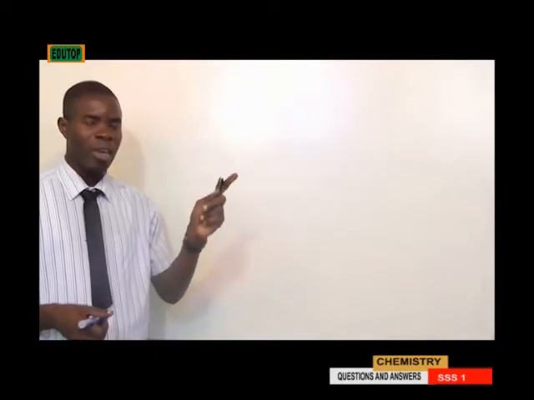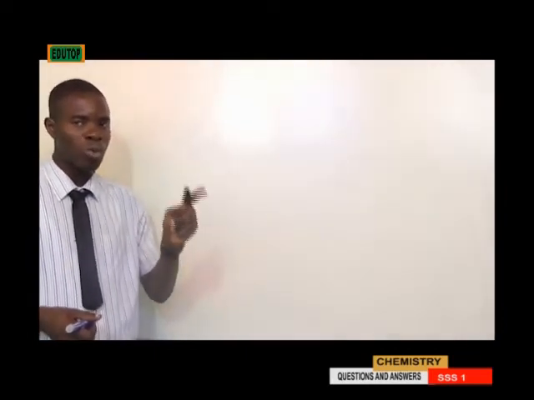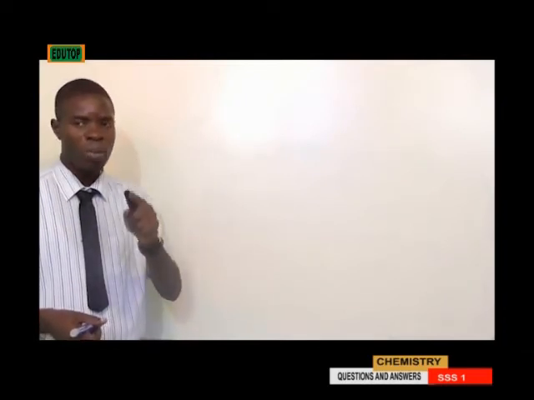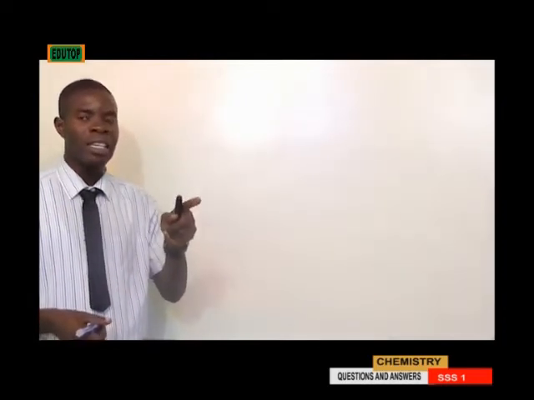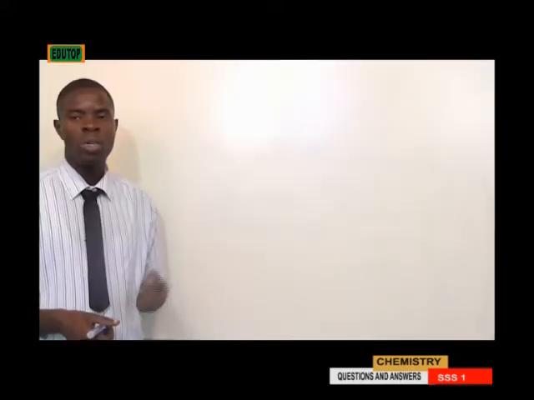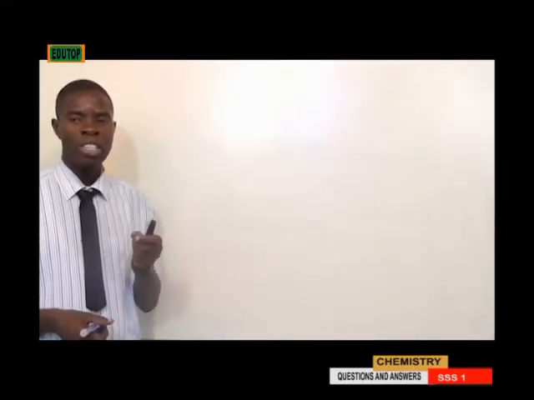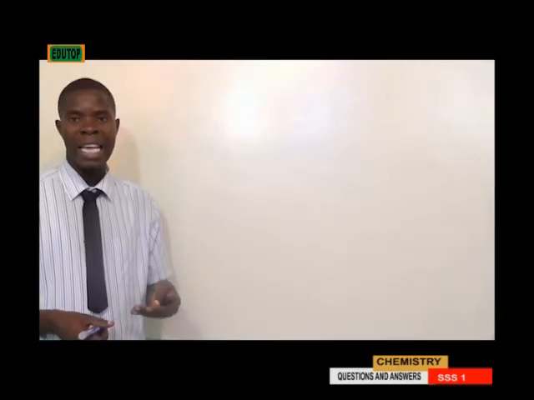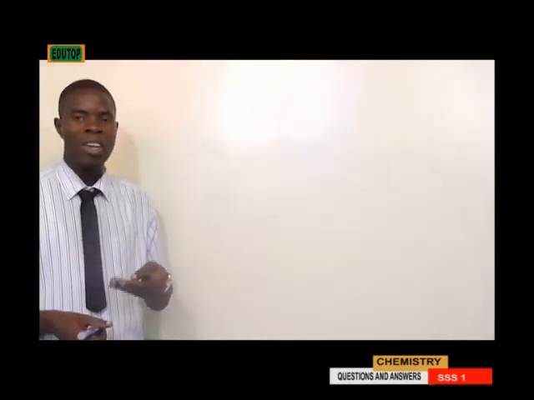When ethanol is added to a solution of iron(II) in water, it will precipitate the iron(II) out. So such a process is not required in water purification. So precipitation is the answer to question 1. Question 2, it is biodegradable chemicals, because these chemicals can be recycled, so they are not injurious to the system.